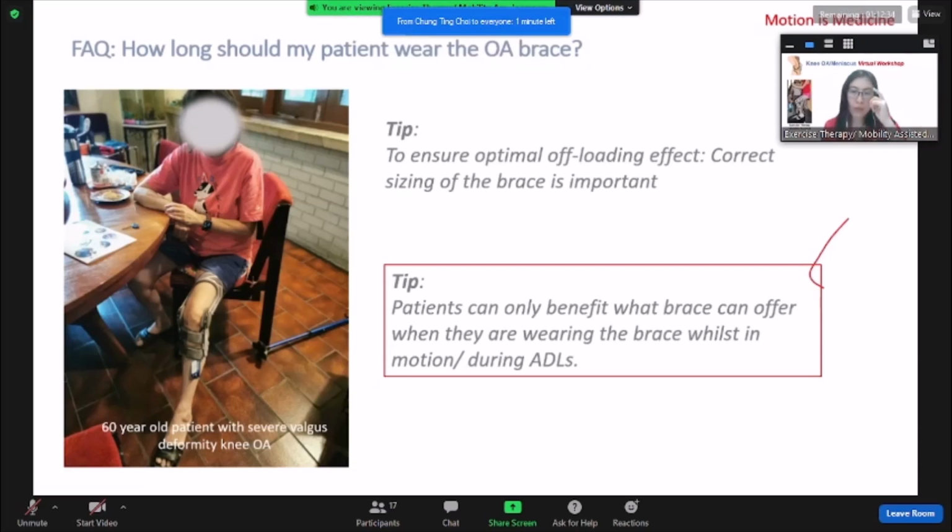So for us, for the DonJoy OA brace, we encourage the patient to wear the brace when they are walking, as I mentioned earlier. And so we would encourage them to increase the usage time as much as possible and as early as possible to benefit from the effect of the brace. Okay.